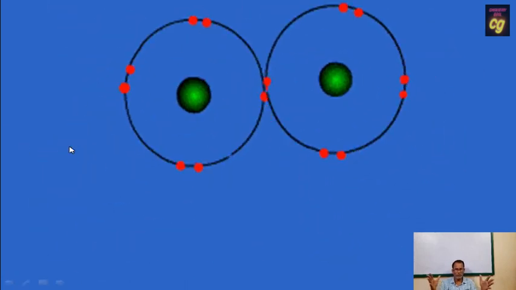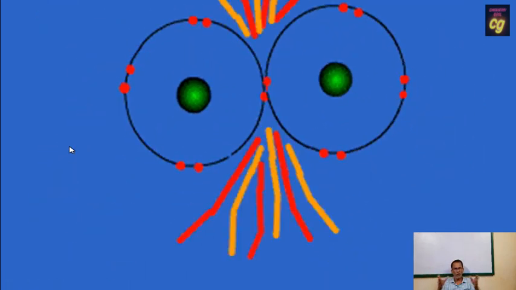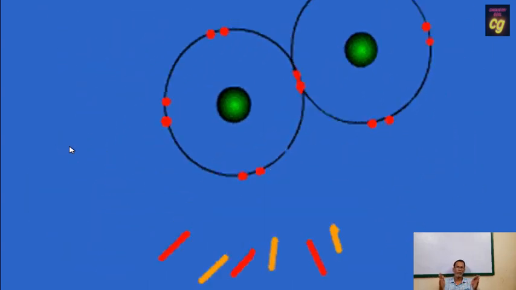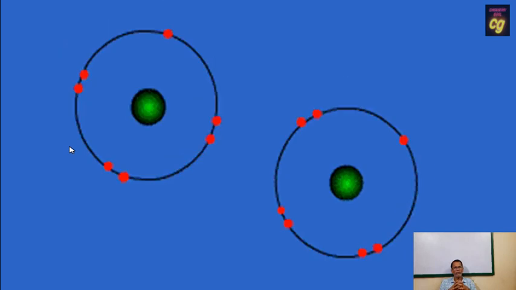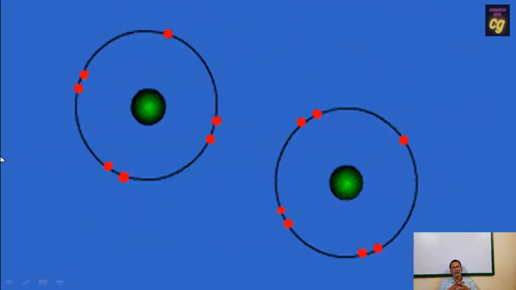So when these two chlorine atoms come closer, these single electrons come closer and become a pair of electrons, forming a single covalent bond. That is because for the formation of a bond, 2 electrons are required.